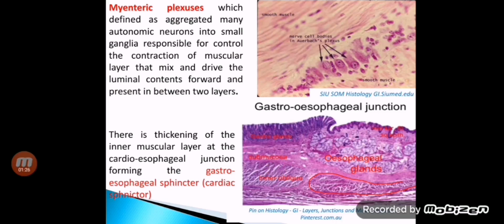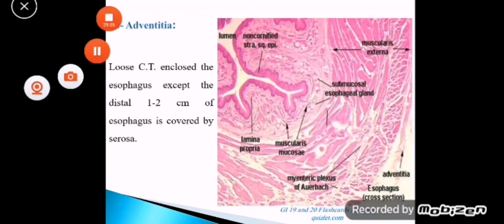The outermost layer, serosa, continues from the esophagus to the stomach. Adventitia is the outer layer of the esophagus, composed of loose connective tissue, except for the lower 1 to 2 centimeters of the esophagus, which is covered by serosa.